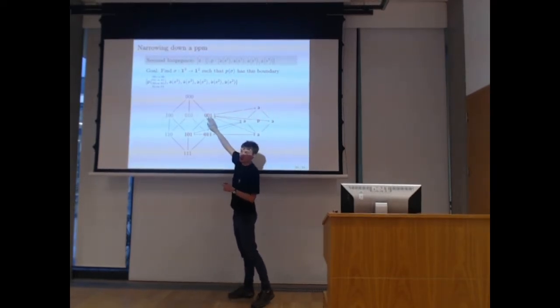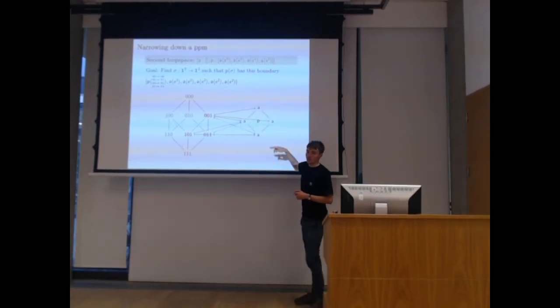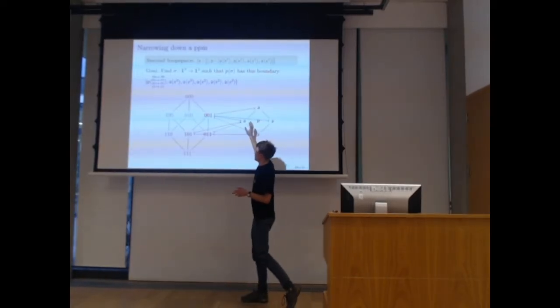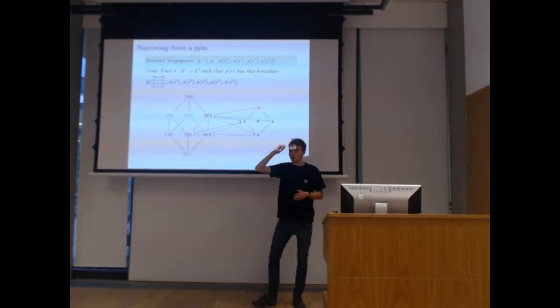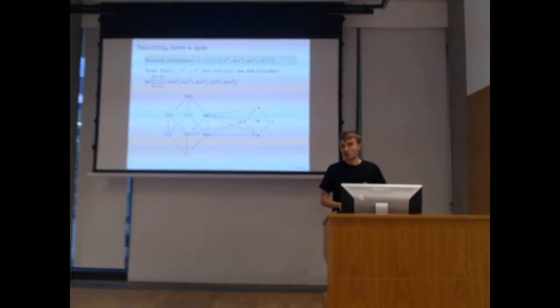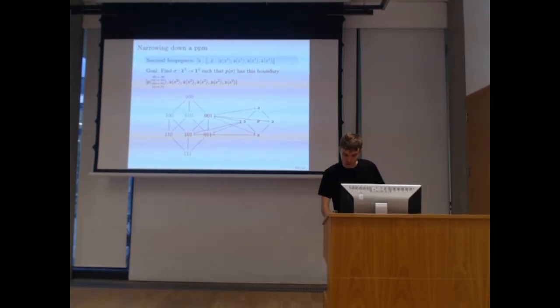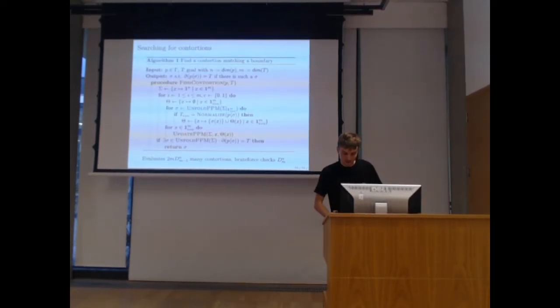So 0, 0, 1 could be sent to either one of these vertices. So starting with our 400 possible poset maps, this is a potential poset map which would unfold to 10 actual poset maps that we could check manually if they give us the required boundary. So we've narrowed down our search space. And this is essentially what we'll do in our algorithm.